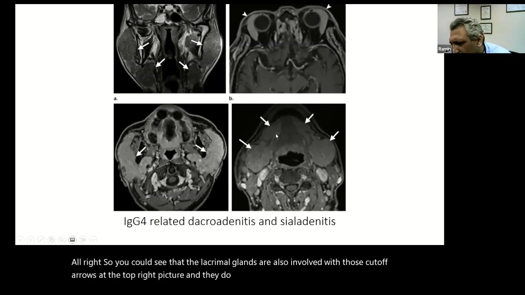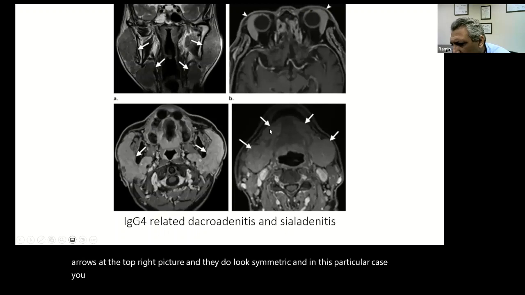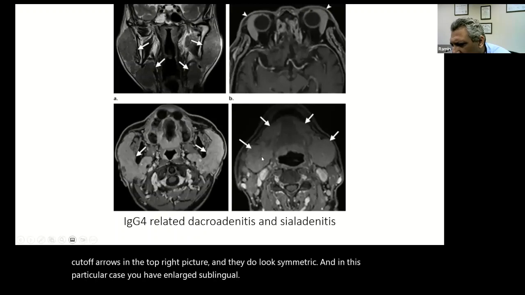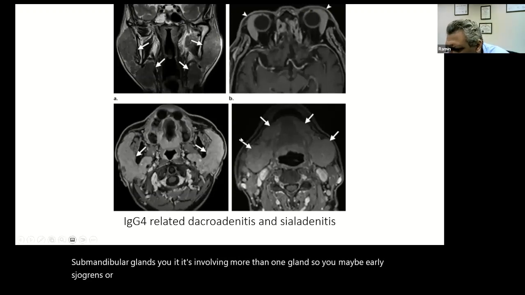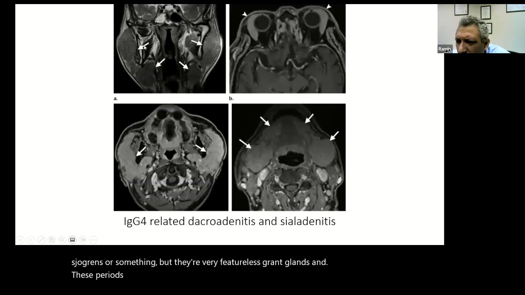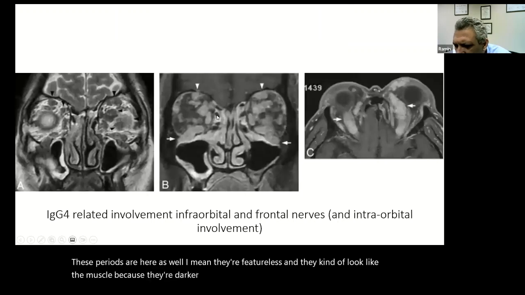And in this particular case, you have enlarged sublingual, submandibular glands. It's involving more than one gland. So maybe early Sjogren's or something, but they're very featureless glands, and these parotids are here as well. They're featureless, and they kind of look like the muscle because they're darker on T2.